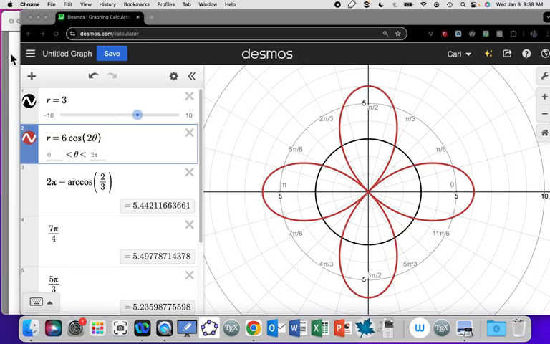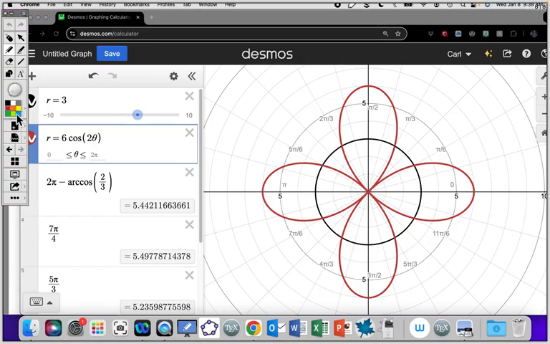We found the ones at the pi over 6's. So there's the 3 comma pi over 6 and the 3 comma 7 pi over 6. So those were the first two we got. This is the 3 comma 5 pi over 6 and the 3 comma 11 pi over 6. So we're missing these, which appear to be coming at the pi over 3 angles.